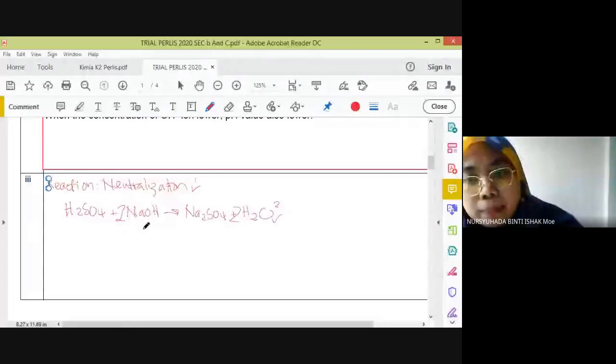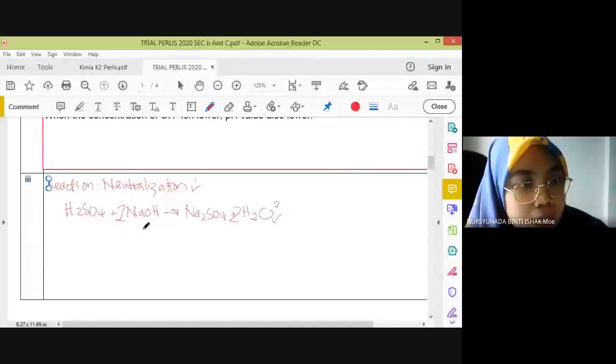They ask you to calculate the concentration of sulfuric acid. Okay, betul. Kita guna usual MAVA over MBVB equals to a over b.